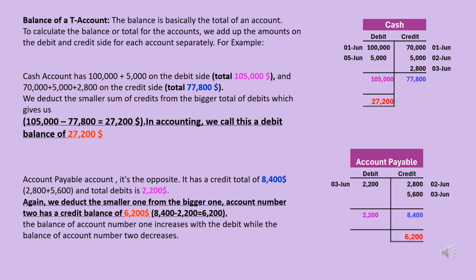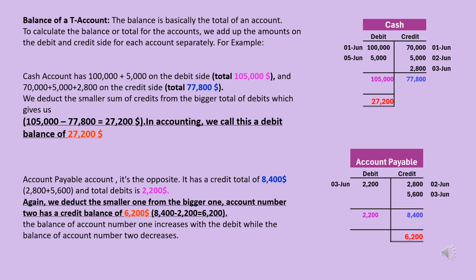Account payable account, it's the opposite. Account payable is a liability. The liability's natural state is credit. Increase in credit side and decrease in debit side. On June 2nd, we had $2,800 debt, and again on June 3rd, we had $5,600 debt.